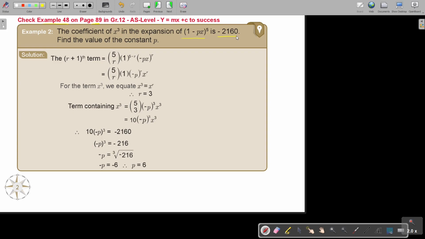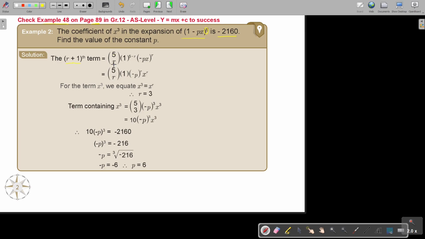The very important part is that I first must find the r plus 1 term, in terms of r. Because there's a 5, I say 5 choose r, so I get a general term.